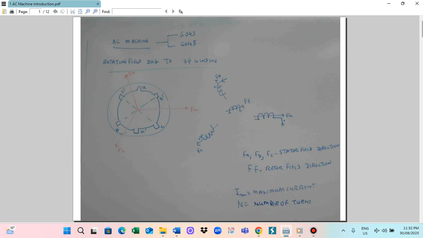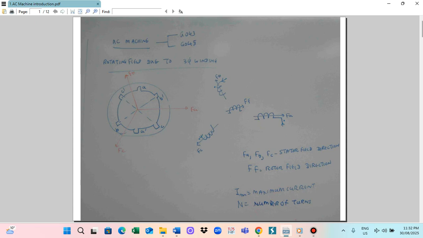So that will be the force FA. This is the force produced, FA, and this becomes FB, and this is for the FC. So FA, FB, FC are the voltage directions that are produced in a three-phase winding field.